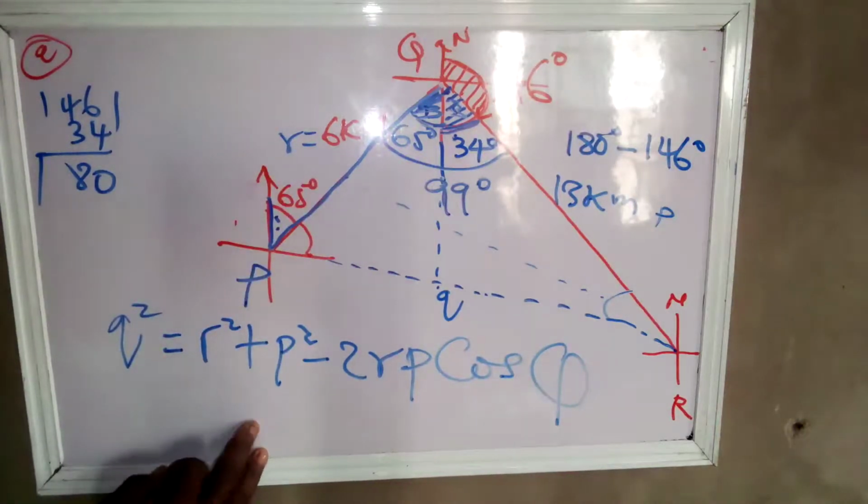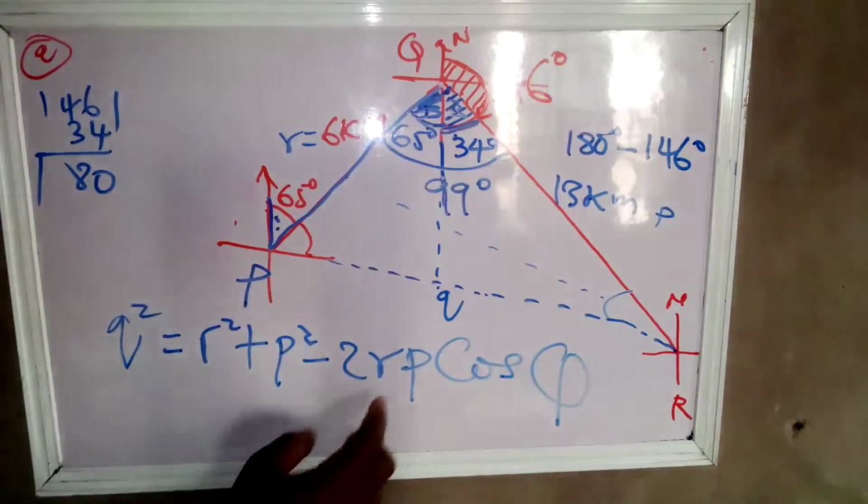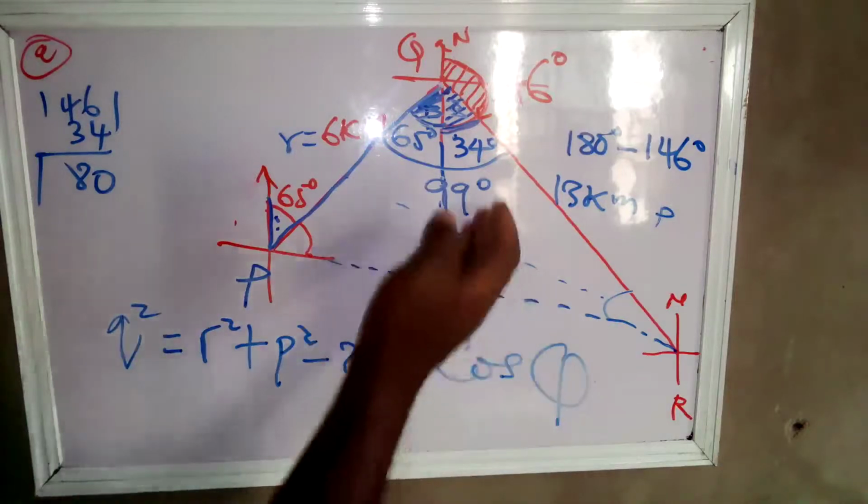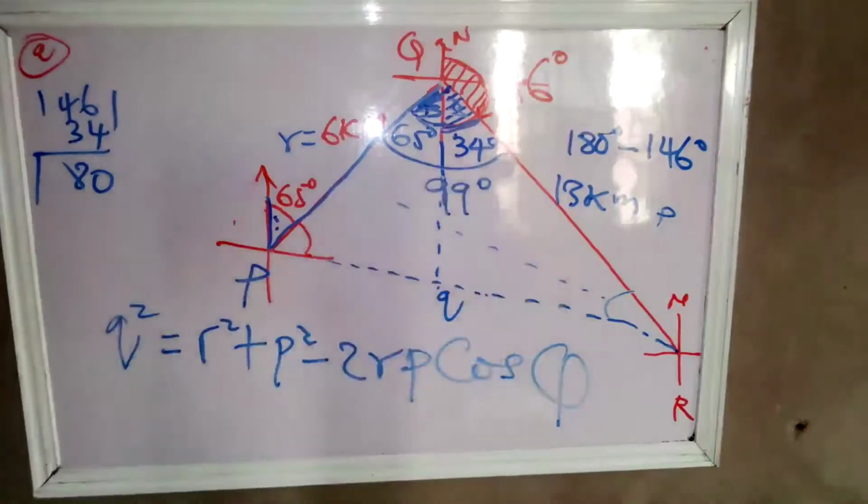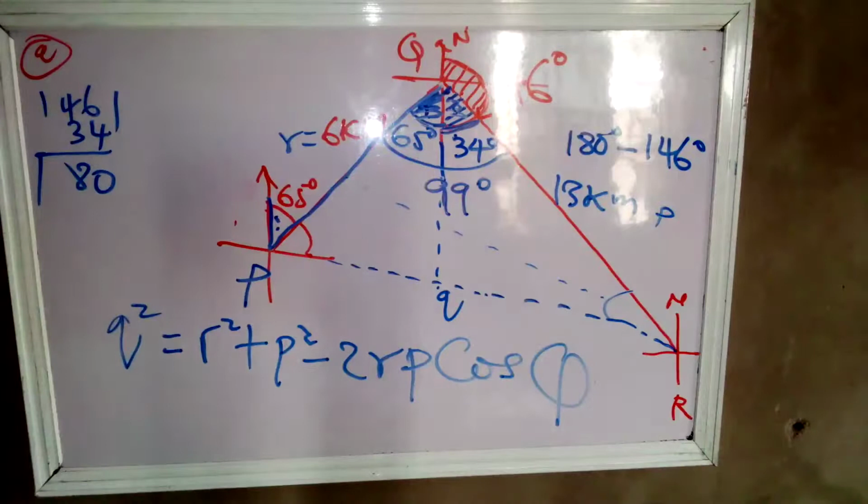Anywhere you see p, you put 13. And for capital Q, you put 99 degrees. So you can quickly copy this so that we can move on with the remaining calculation.